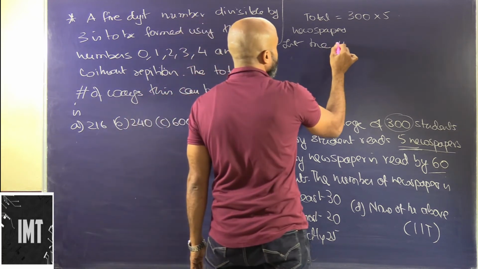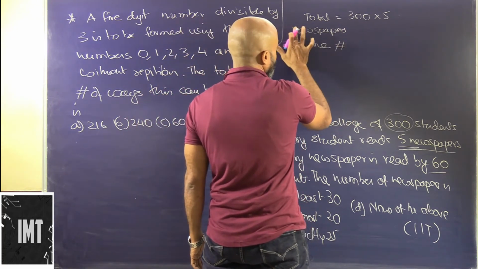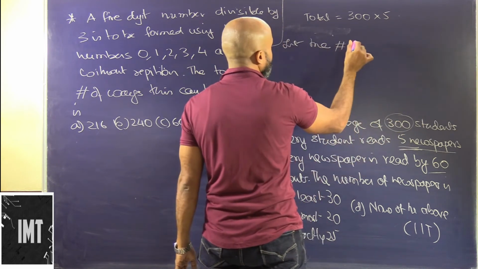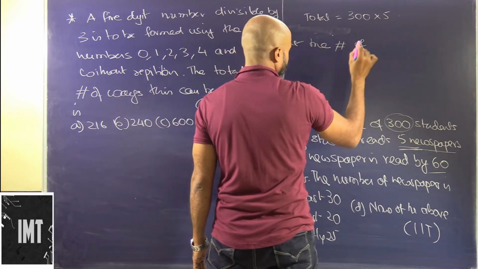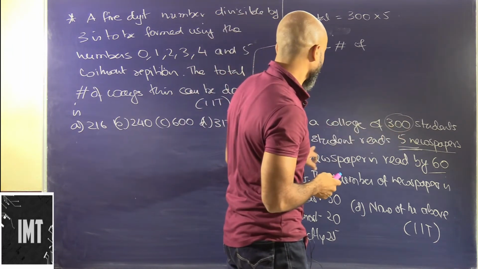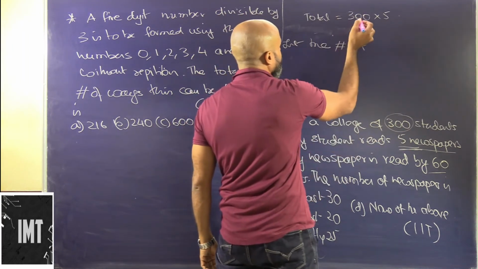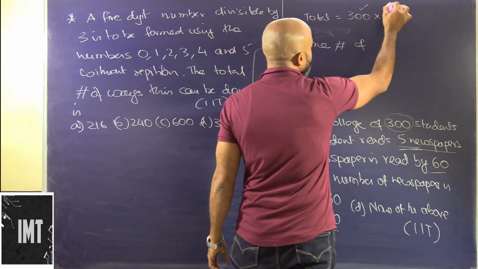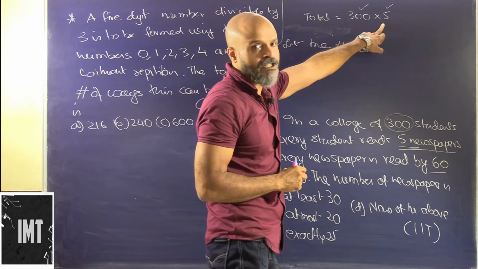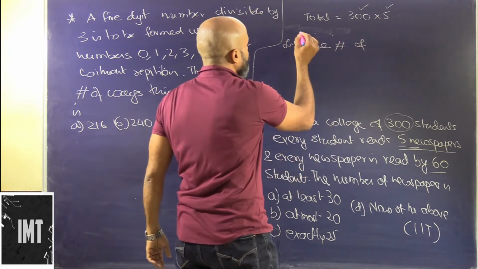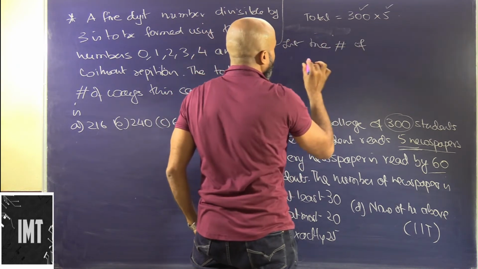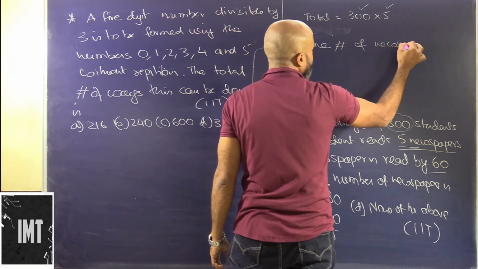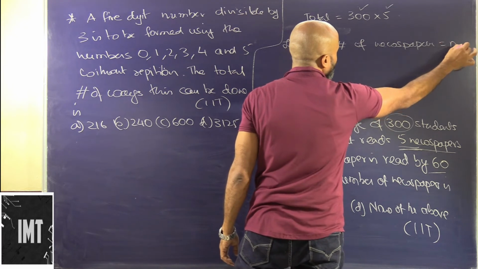No, this is not the total number of newspapers. So there are 300 students and each of these students reads 5 newspapers. So the total reading is 300 into 5. Let the number of newspapers be equal to n.